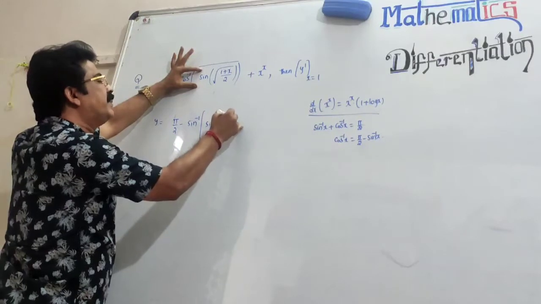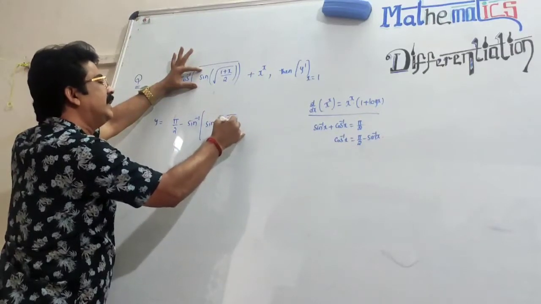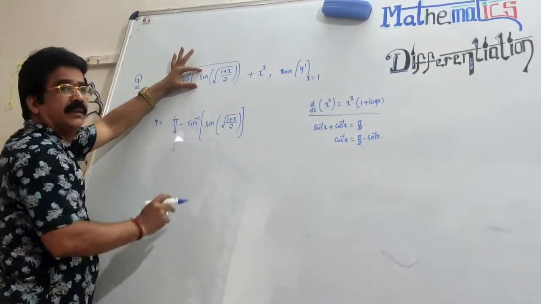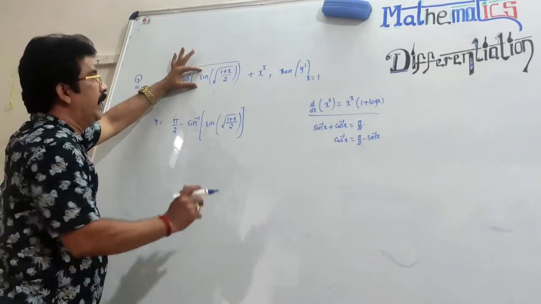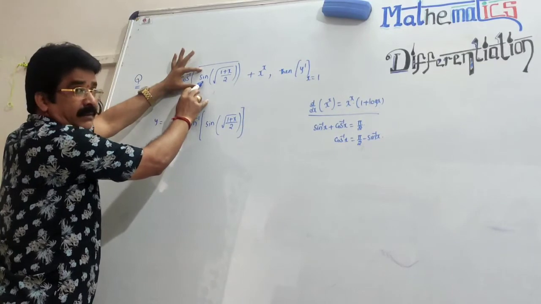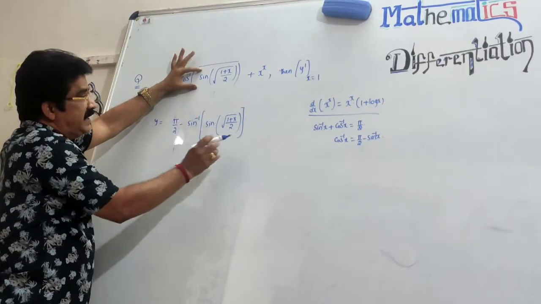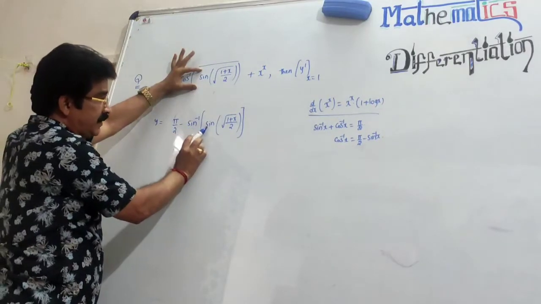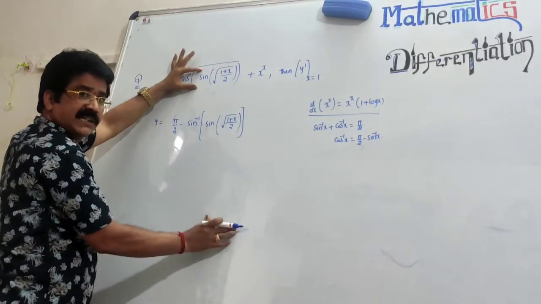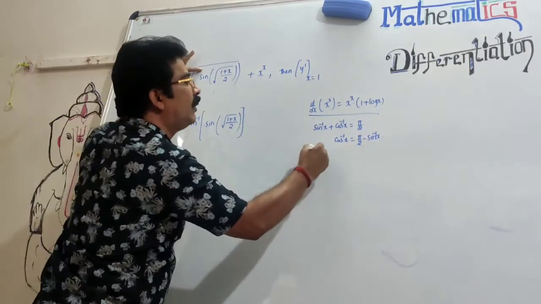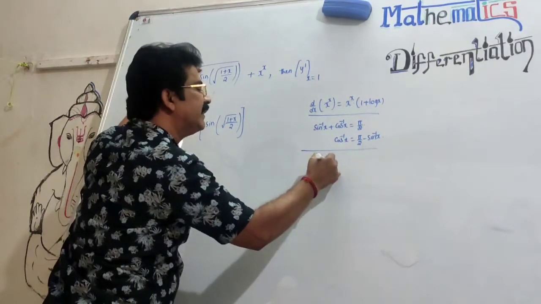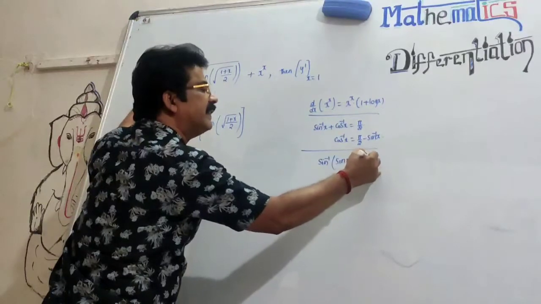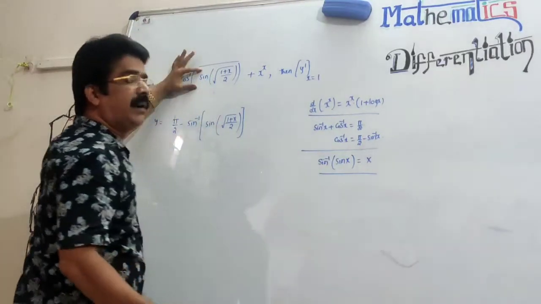Did you catch my point? You can ask me, sir, what is the need of going through this approach? Already the sine is inside. That's why I am choosing this formula, because in the next step, sin inverse of sin x is simply x.